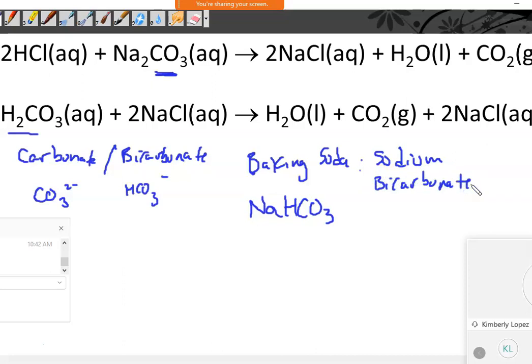Actually, since you guys are at home, if you want to do an experiment at home, take sodium bicarbonate or baking soda and add it to vinegar. Some of you might have done this. It's like the volcano reaction. So if you do it and you add it in there, it fizzes and it foams and all that stuff.